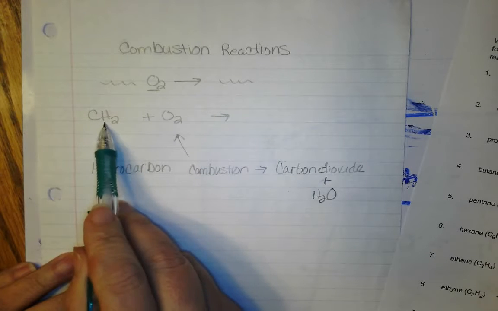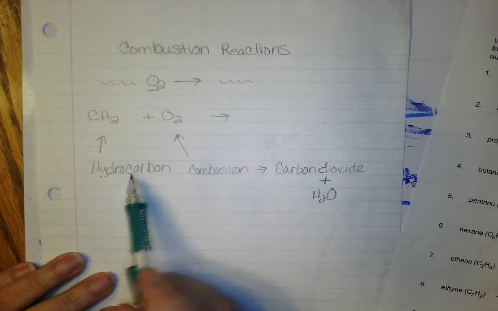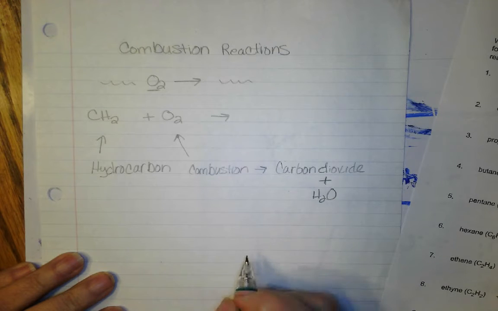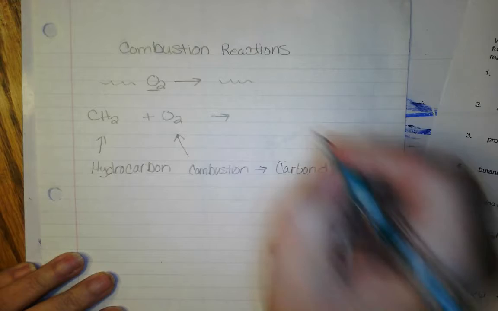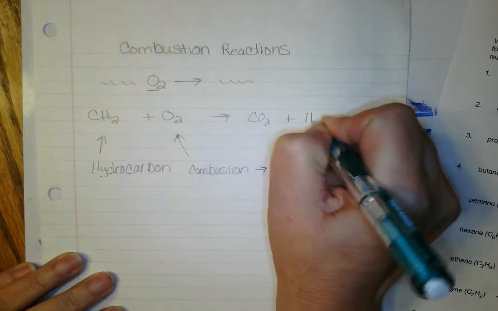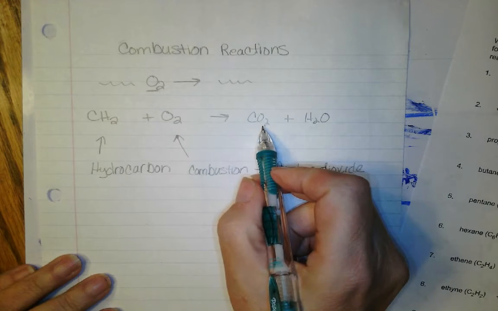Okay, so hydrogen and carbon, there might be oxygens in there too, but hydrocarbon is going to combust with oxygen. And when this happens, it always makes carbon dioxide plus water, unless you have a broken heater, then we'd make carbon monoxide.